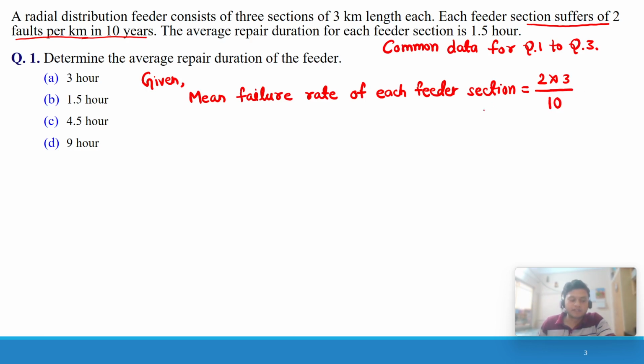So it will give you 0.6 faults per year. This is the mean failure rate of each feeder section. It is identical for all three sections, so we can write lambda 1, lambda 2, and lambda 3 equal to lambda, that is 0.6.